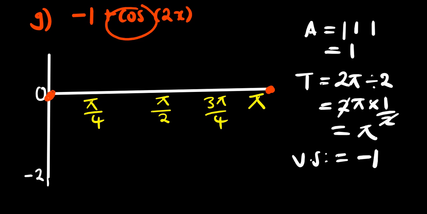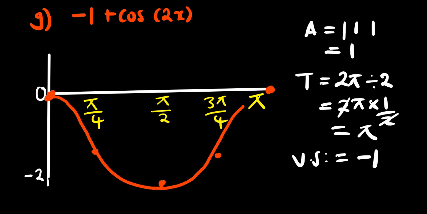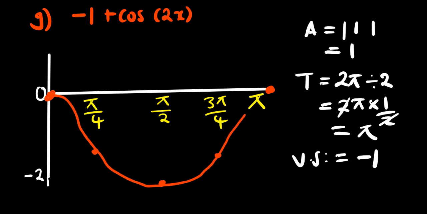So it's going to pass through this point, that point, and that point. So it will move like that. So that will be our graph.